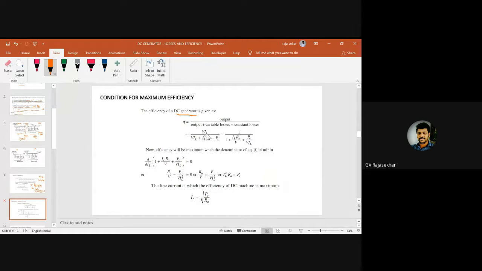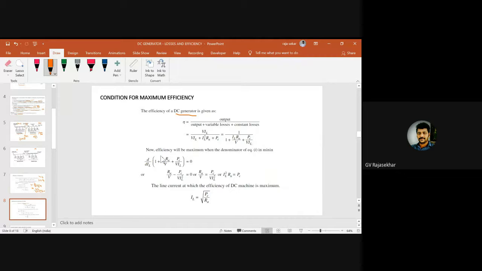So V into IL divided by V into IL plus IL square RA plus PC. Divide the numerator and denominator by VIL. So we get 1 divided by 1 plus IL RA by V plus PC by V into IL.